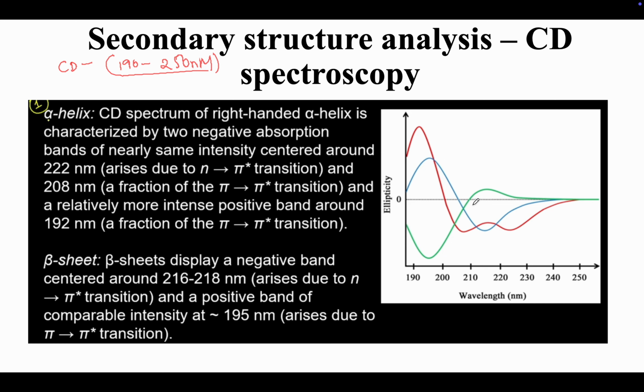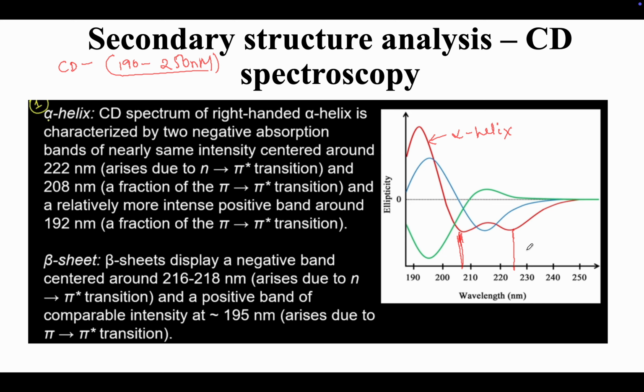So this is the alpha helix, the red one. It has two negative peaks of small intensity, at 222 nanometer and 208 nanometer.